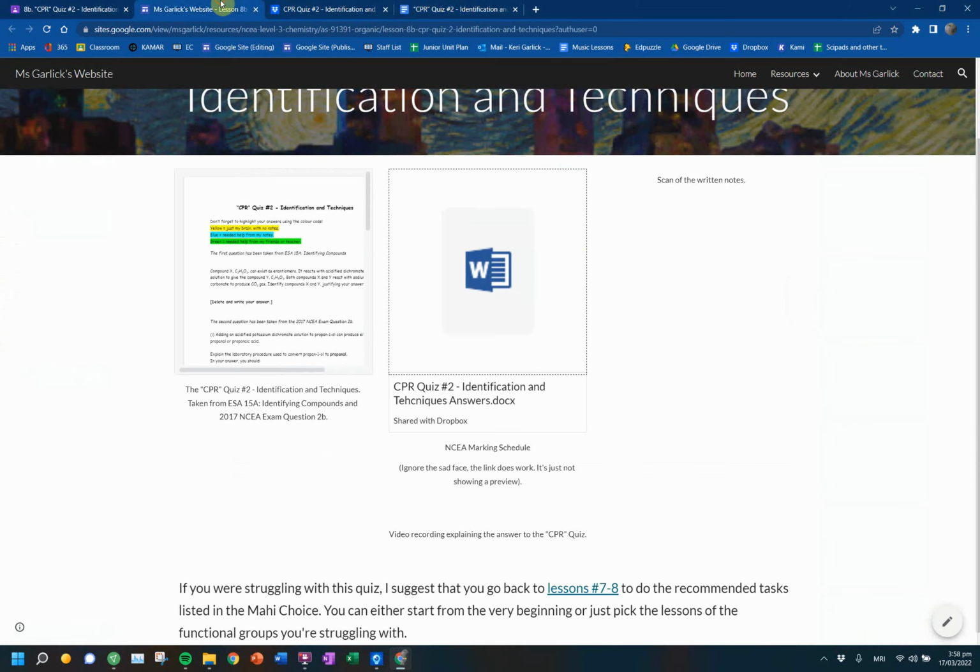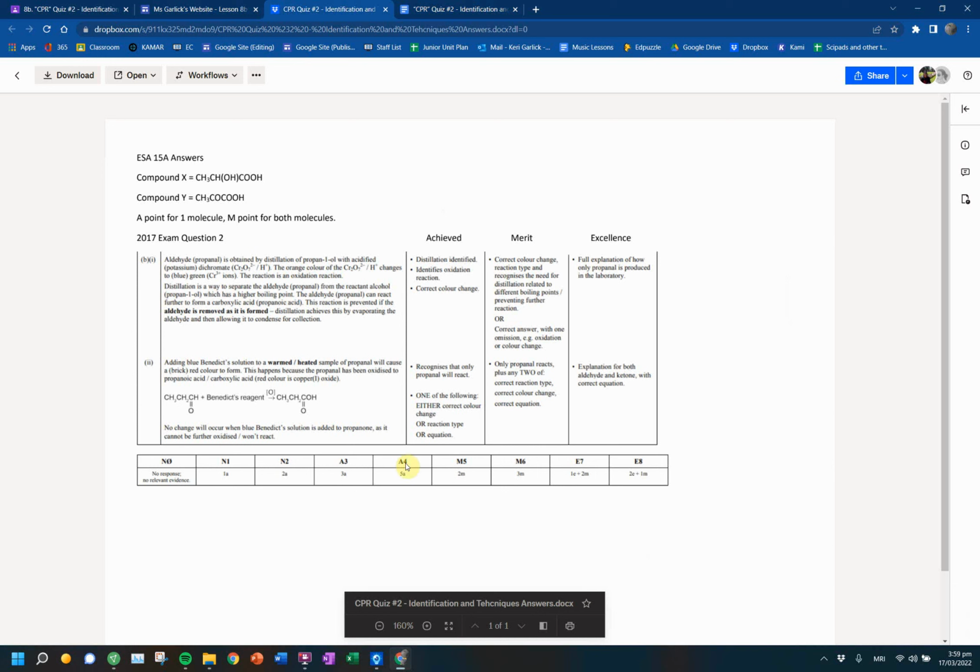It's very often in the excellence point that you need to have the equation there. And in this case, for the merit point, they were accepting 2 of the possibilities for it. So an equation would have helped you. But yeah, I can guarantee you they will not issue any excellence points if you don't have the equation down when they've asked for equations. So do keep that in mind.